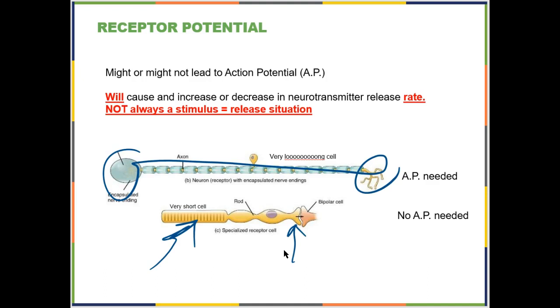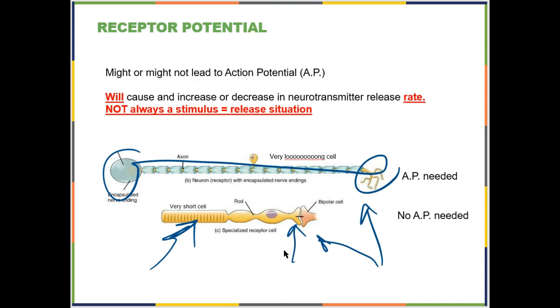What is going to happen in both of these cases is that whatever happens on the sensory end of the cell is going to change how much neurotransmitter comes out this end of the cell here. And we want to remember that it is going to be a change in neurotransmitter release rate. So it doesn't always mean that stimulus equals a release of neurotransmitter.